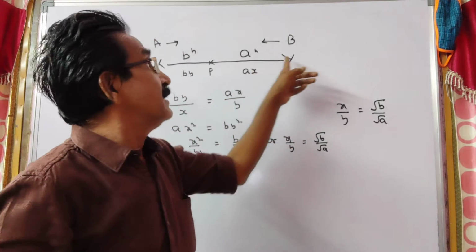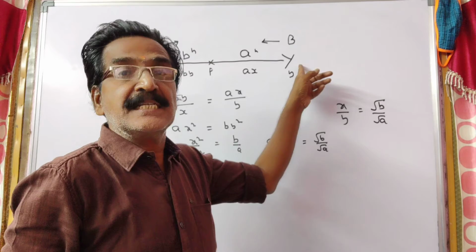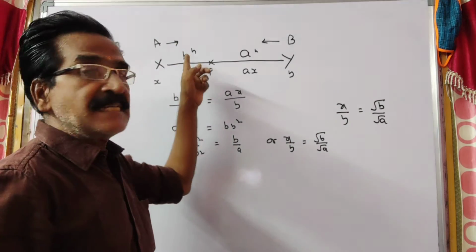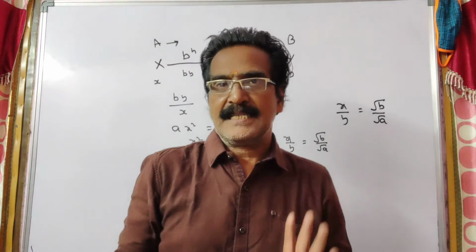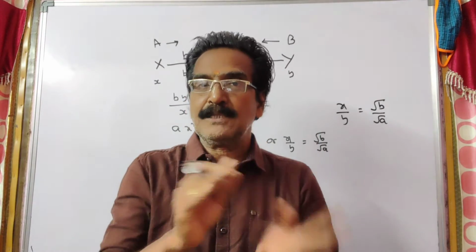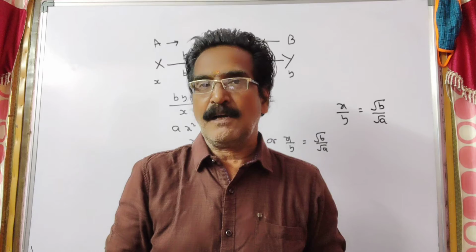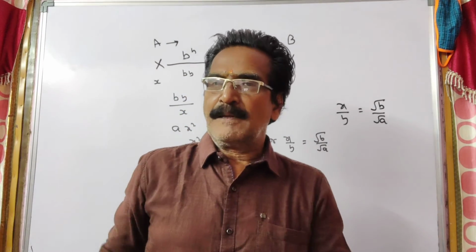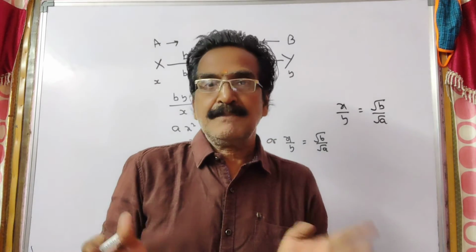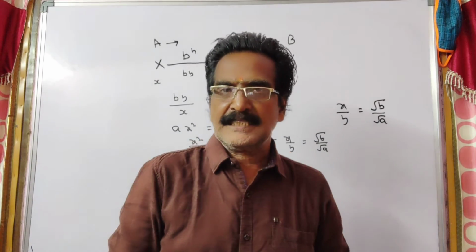That is, A is the time taken to reach Y, and B is the time taken to reach station X. So that point you have to remember. Sometimes the order may be changed. Normally the order will be A and B, but sometimes they may reverse the order. For that sake I am telling.